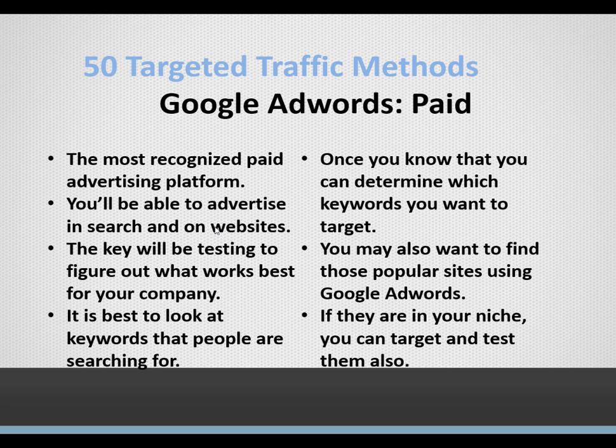Now, the key in all kinds of paid advertising, and everything we're going to be mentioning, and you will hear this over and over, is that you are going to have to test to figure out what will work best for your company. And when you do that, you will probably have to spend money in order to determine that.